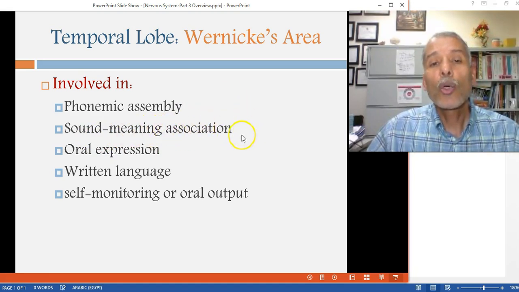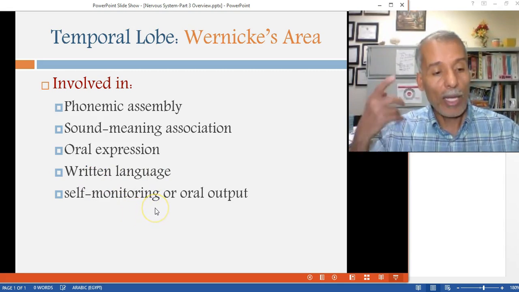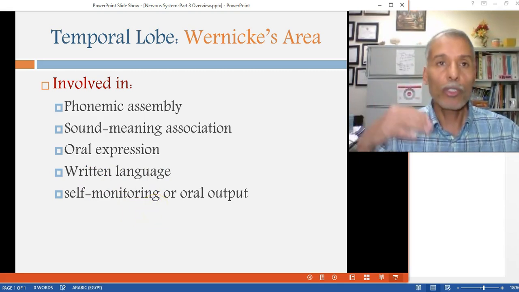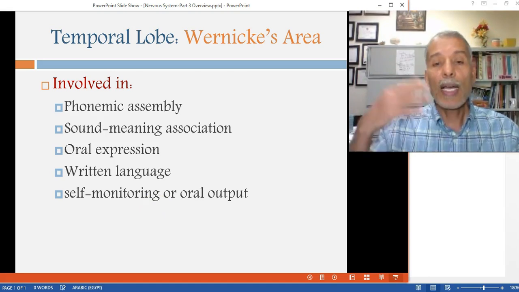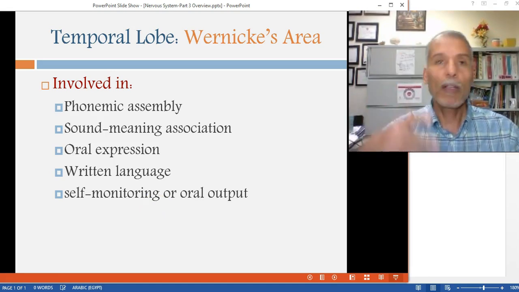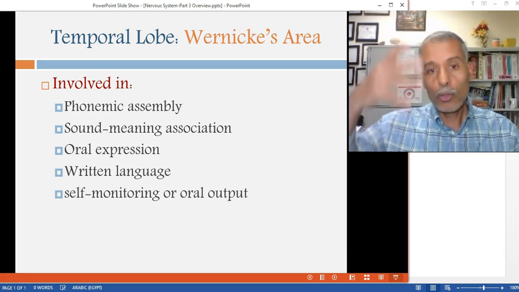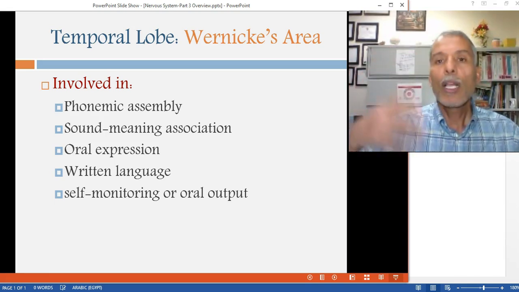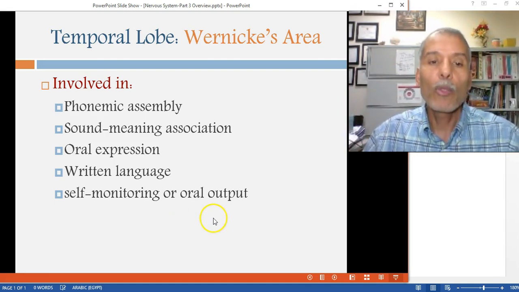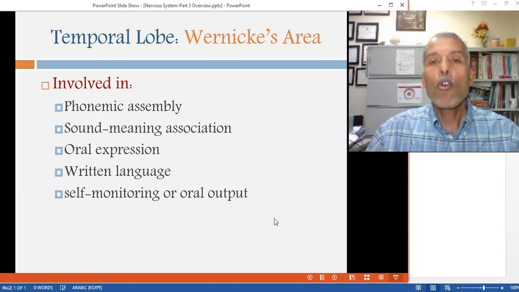That also it does so with the association cortex, and it is critical for comprehension of language, and it is also critical for the expression of language, for written language as well, and for monitoring what you say. So I hear myself, I monitor my rate, I monitor my pitch, I monitor my voice, and I correct if I make a mistake, or if I feel I'm falling asleep, or I'm not using the right pitch or right loudness. Without this function, I will not be able to produce a good oral output.